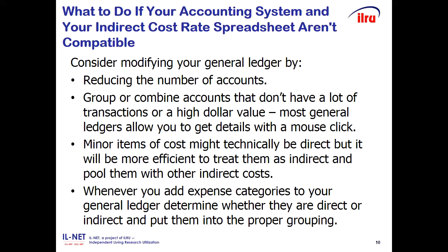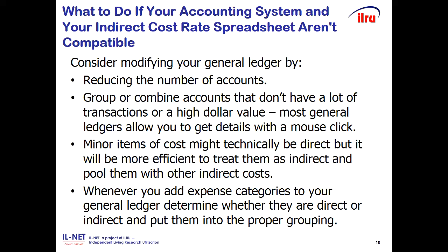We talked about modifications to the general ledger in the past. And Paul, I don't know whether you have any more practical experience than I do, but I think it helps a lot for people to reduce the number of accounts just to make this more manageable.